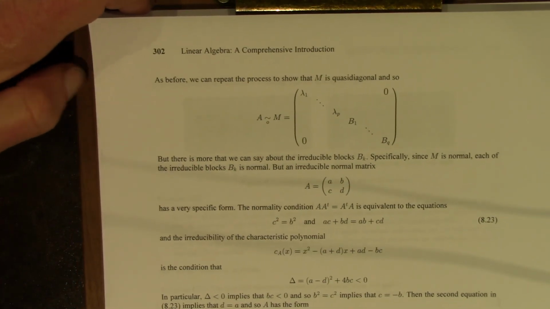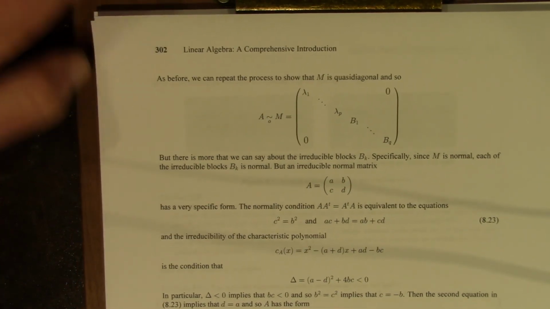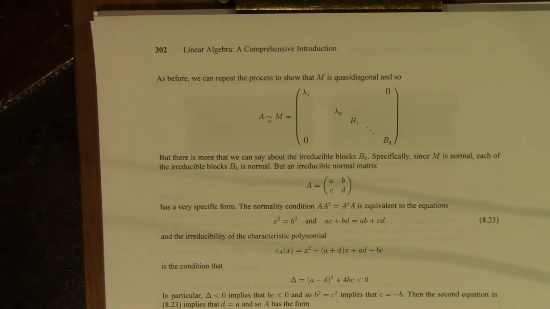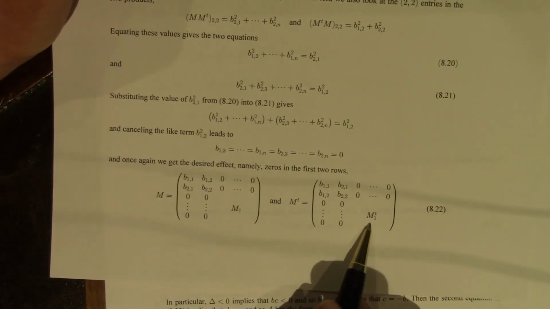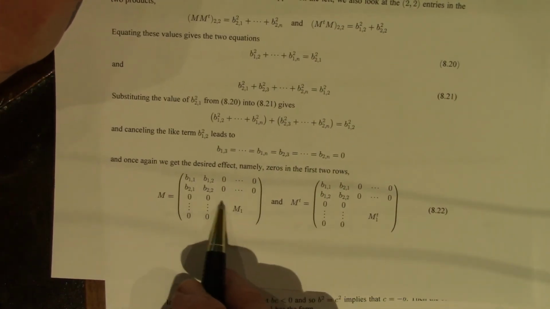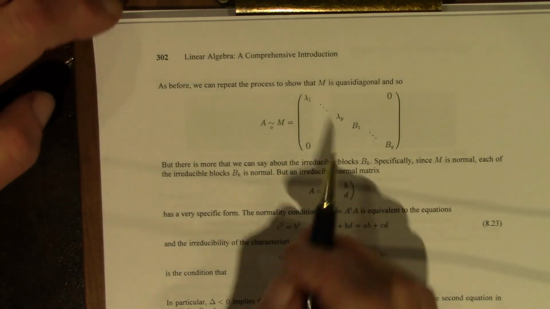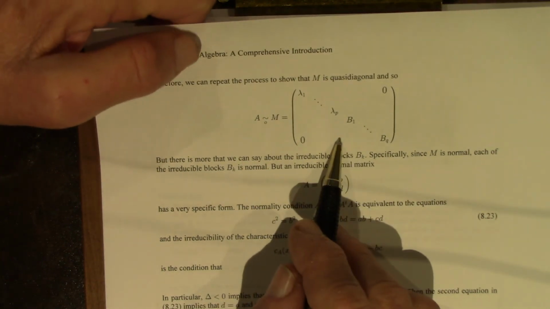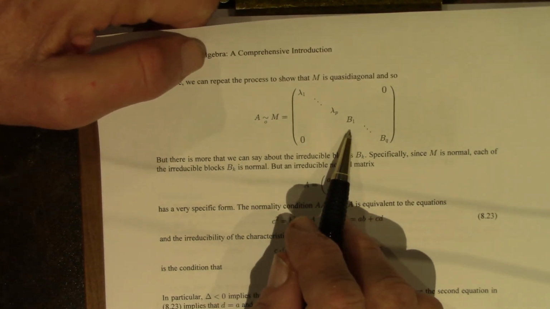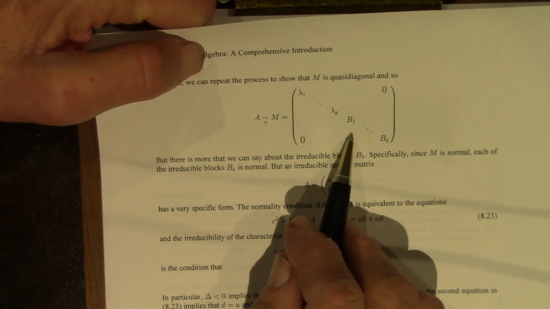So we can repeat the process by looking at the submatrices M1 and M1 transpose. Same algebra applies, and we finally arrive at a quasi-diagonal matrix.